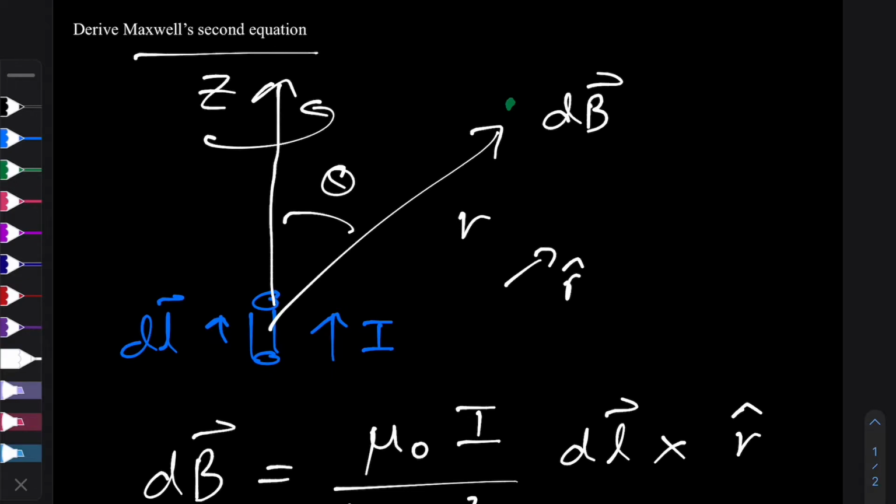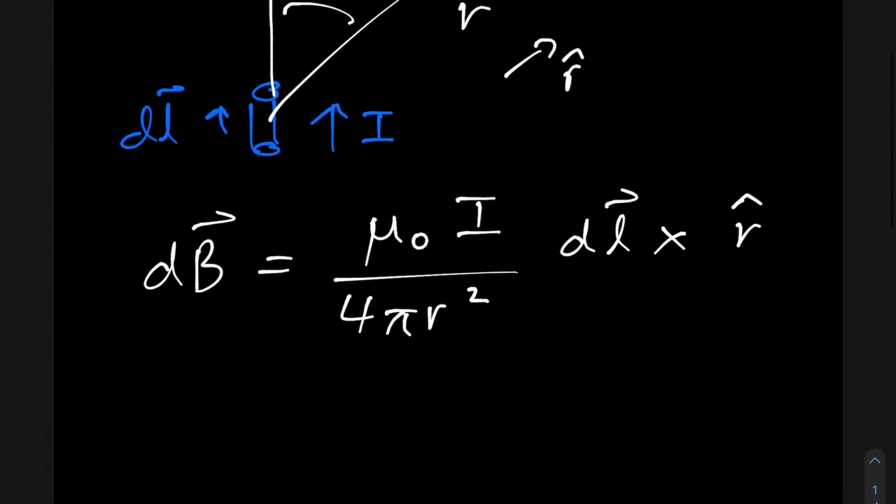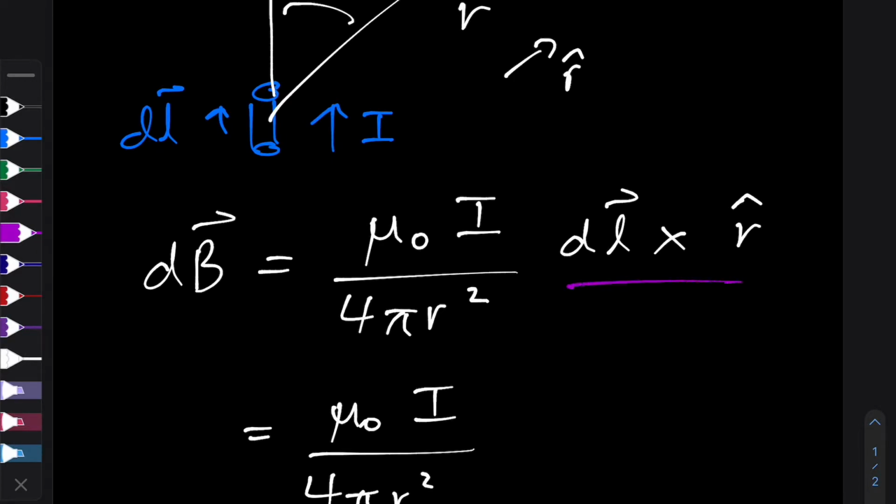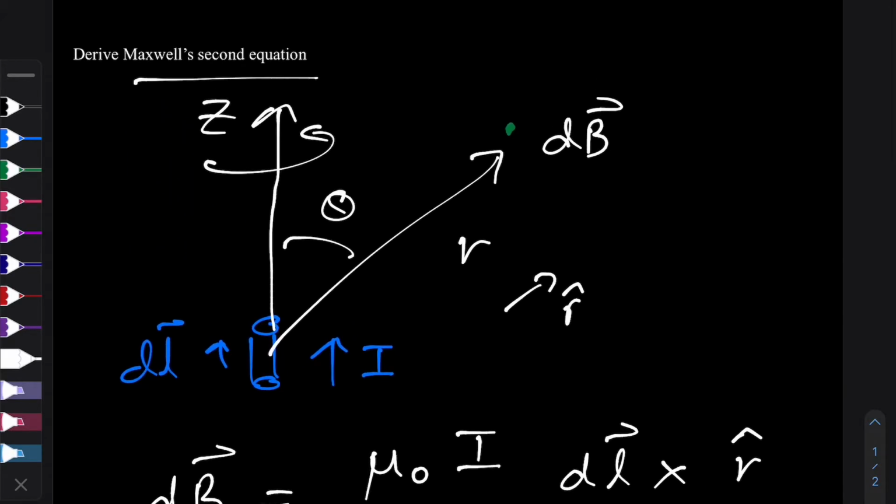We can simplify the Biot-Savart law to make it suit our case a bit more by introducing some polar coordinates. So the scalar part remains the same, but when we evaluate this vector cross product, well, the cross product of two vectors is just the magnitude of the first vector, dl, times the magnitude of the second, which is just 1, times the sine of the angle between them, which in this case is sine theta, because this angle here is the angle between dl and r.